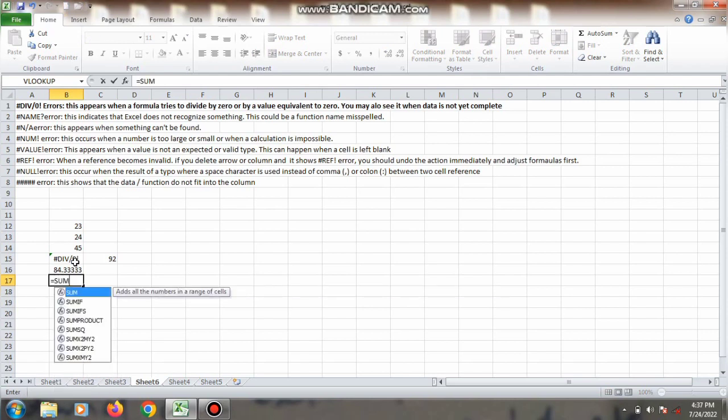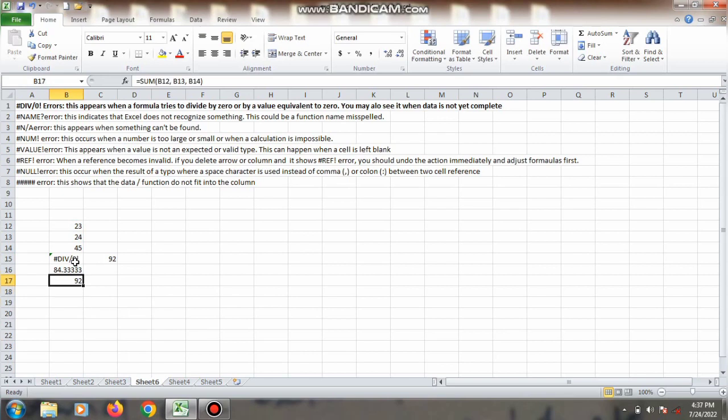For example, I want to type equals SUM B12, comma, B13, comma, B14. Do you see? When it's having a space, it gives the error. I know that as we are working on it, we'll be finding some of the challenges in the errors.